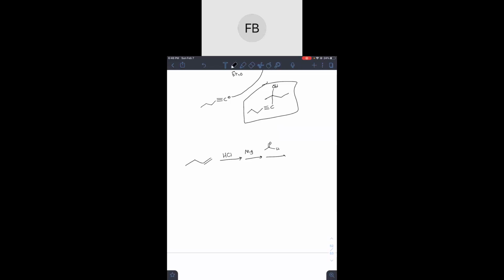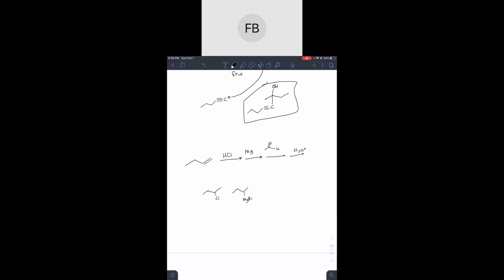In this situation, he has an HCl first. So what does that look like? That looks like probably a Cl going to this position because of Markovnikov's rule and all that. Then after that, we're going to have an Mg. So it's going to be an MgCl instead of an MgBr. I just wanted to bring that up because I don't want anyone to get thrown off guard if something like this happens on the exam.